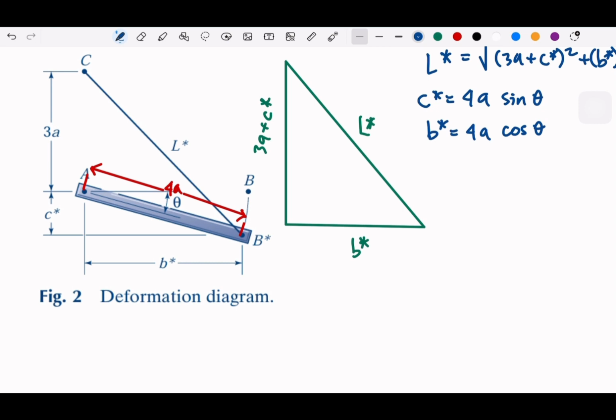The sine theta is this over here, and the same thing here, B over 4A is cosine theta. Then we can apply this B and C in our calculations.